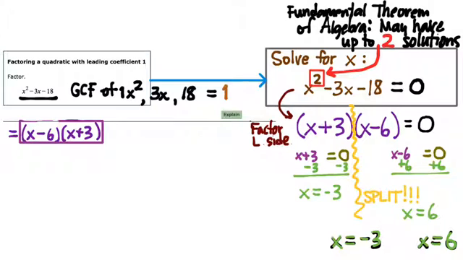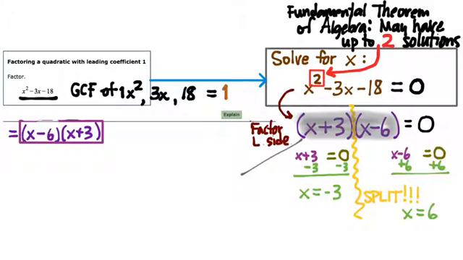So the entire purpose of learning how to factor is so that we can do this process. The important thing about this equation is that the left-hand side has been factored and the right-hand side is equal to 0. Factored and 0.